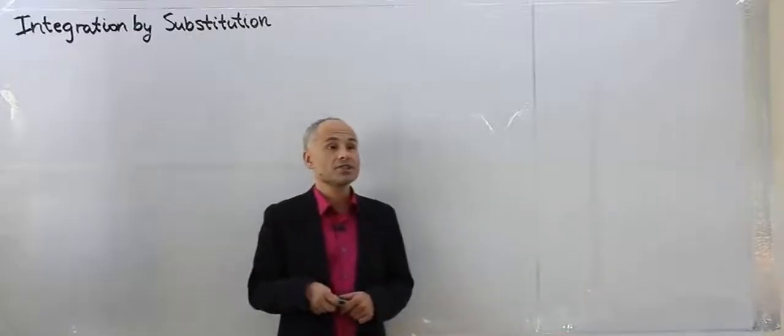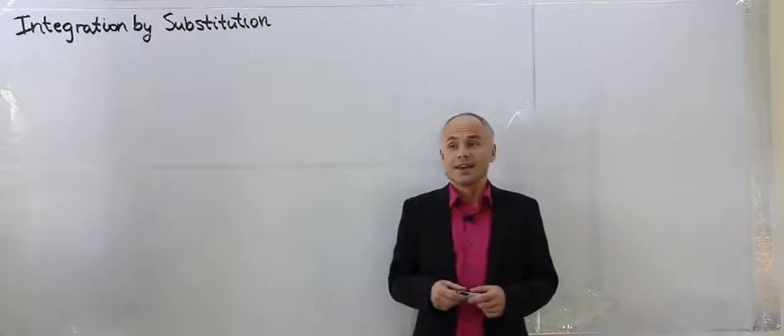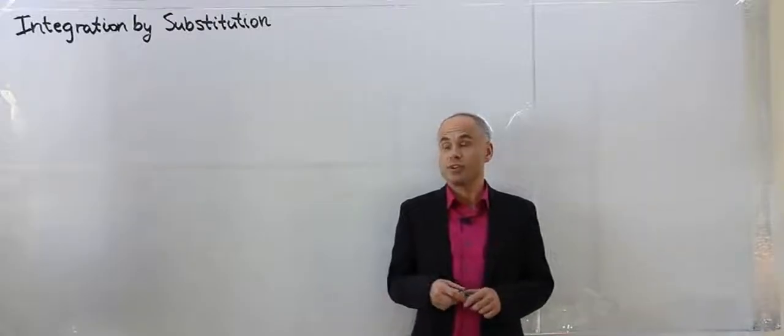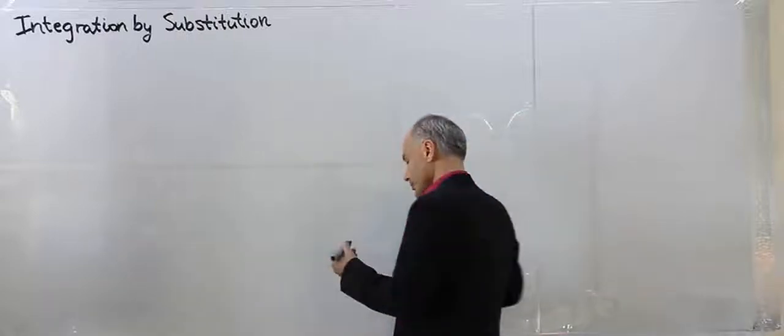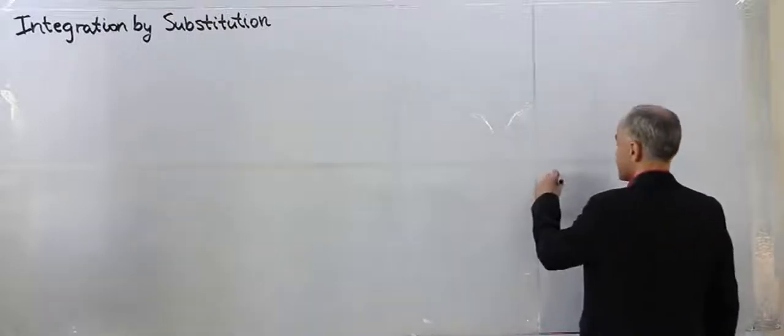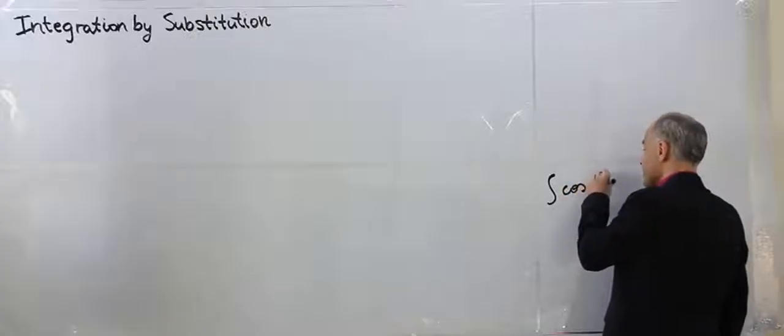Actually, mathematicians prove that there is a large class of integrals that cannot be computed using elementary functions. An example of such an integral is the integral of cosine t squared dt.